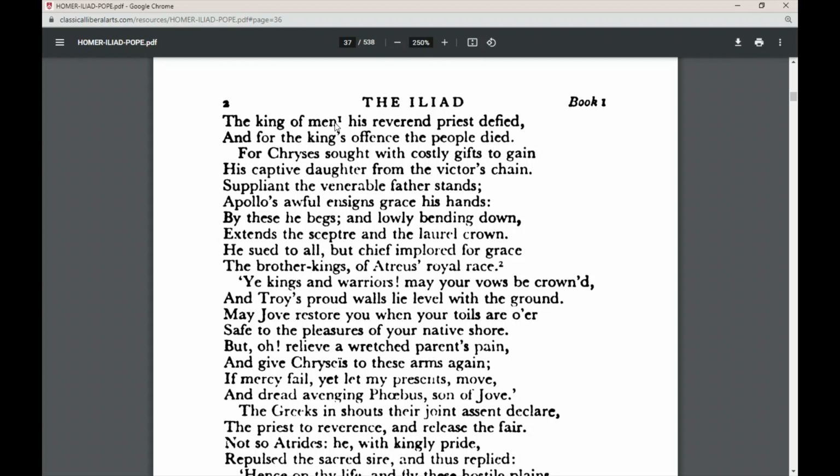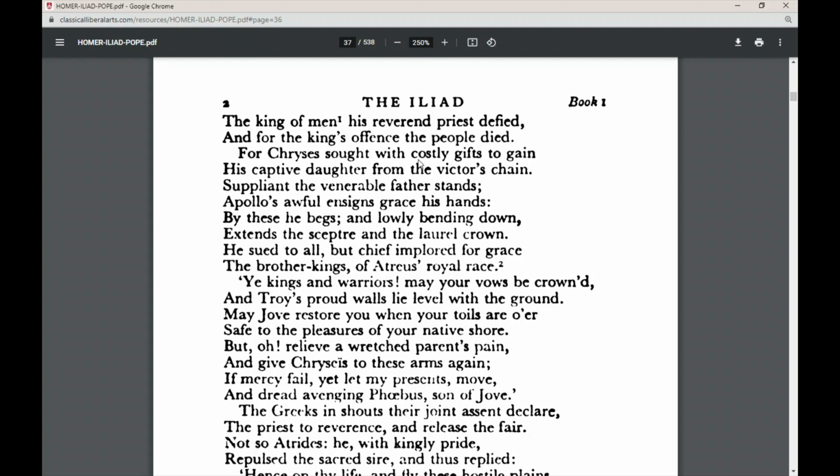Agamemnon was not the king of all men, he was the king of the Greeks, but this is a rhetorical figure. Chryses sought with costly gifts to gain his captive daughter from the victor's chain. Victor's chain here is an example of metonymy. The chain is a sign of slavery or servitude, and it's used here to describe that servitude.